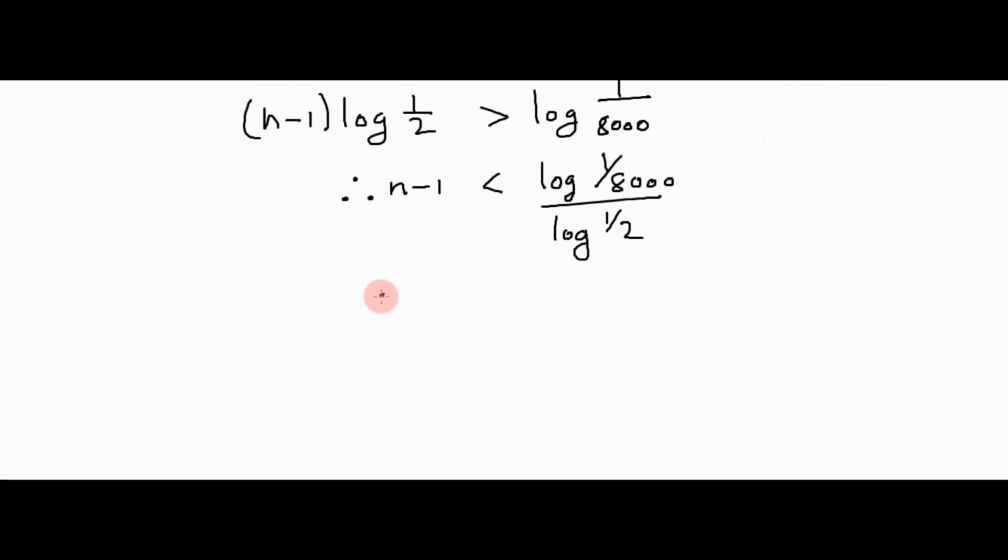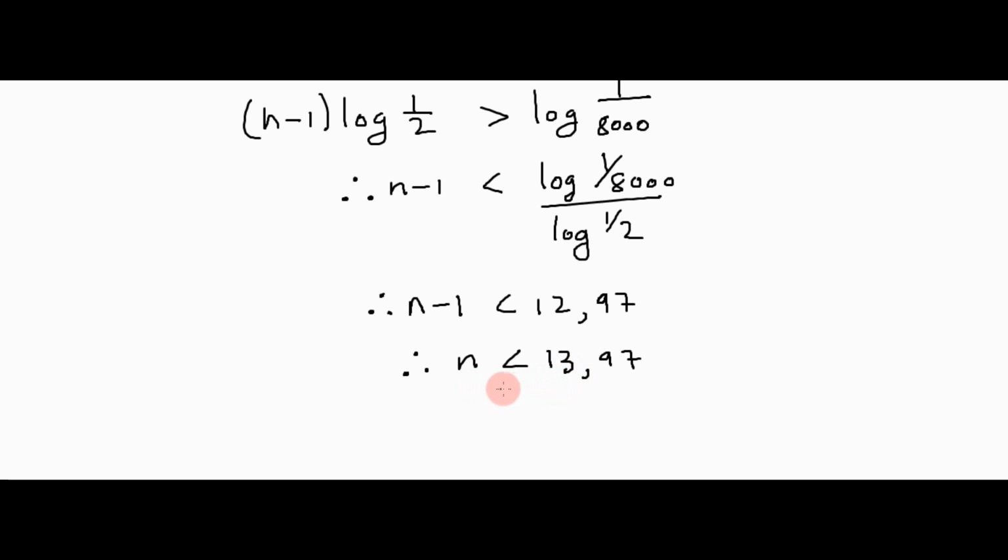So then n minus 1 is less than 12,97. And we can take the negative 1 to the right-hand side. So n will be less than 13,97. N, of course, is a number of terms, and it must be a natural number.